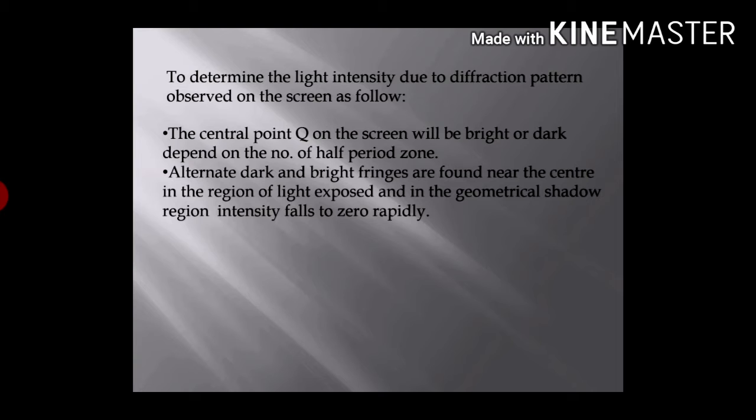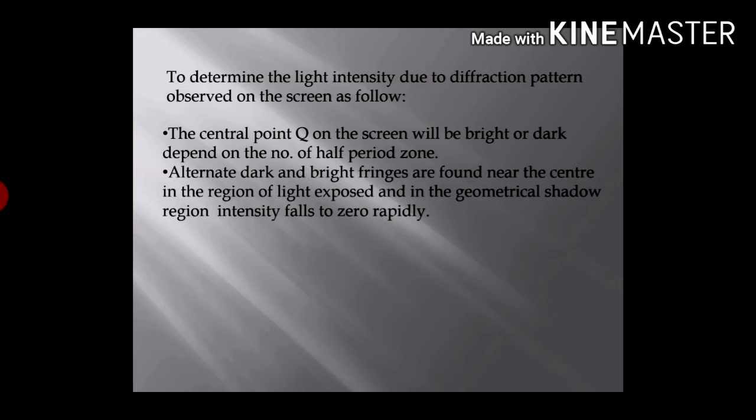The central point Q on the screen will be bright or dark, depending upon the number of half period zones present. The alternate dark and bright fringes are found near the center in the region of light exposed, and in the geometrical shadow region the intensity falls to 0 repeatedly.